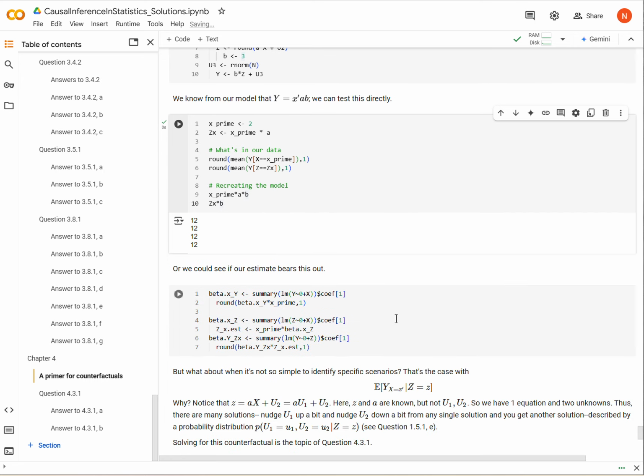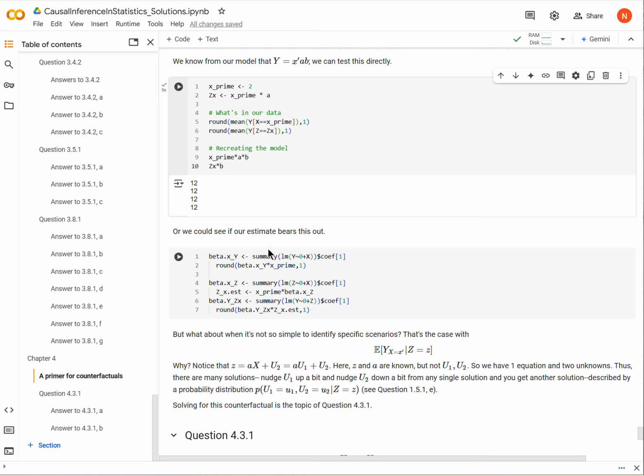Now we could also run some regressions to make sure that this all follows. So now instead of either just filtering through data where x equals x prime, or recreating the DAG, we're going to use linear regression to estimate from our data and see if we get the same answers.